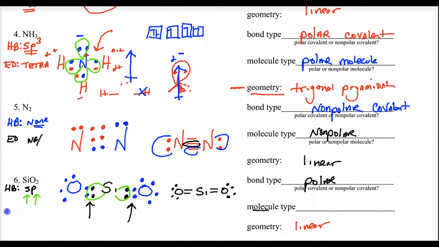So electron domain geometry is linear. The bond angles are going to be 180. The molecule type, if you haven't already guessed, because it's linear, this dipole moment, which this would be the positive end, this would be the negative and the more electronegative.